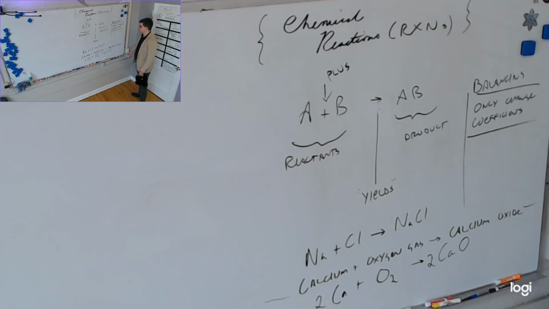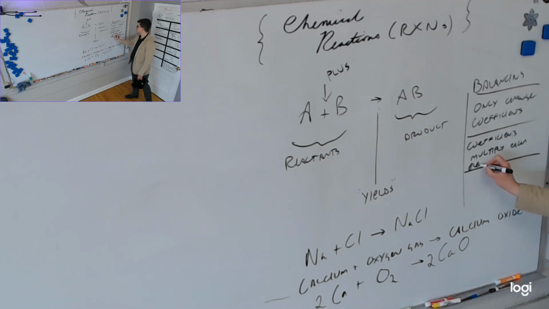You can only change the coefficients, you can't change the subscripts. When do you change the subscripts? When you're naming and writing formulas. But when you're balancing, you can only change the coefficients, and you do so because the coefficients multiply each element in that compound.